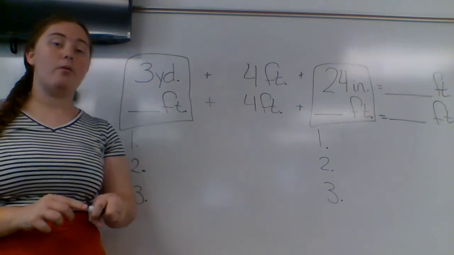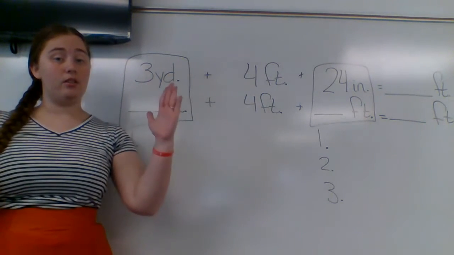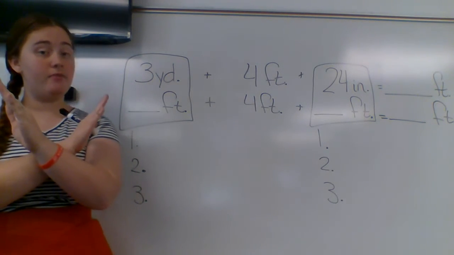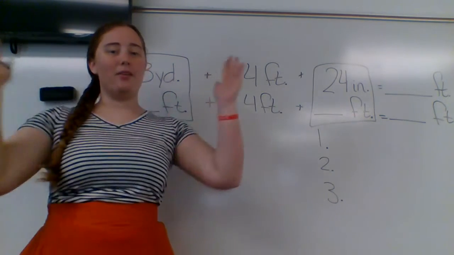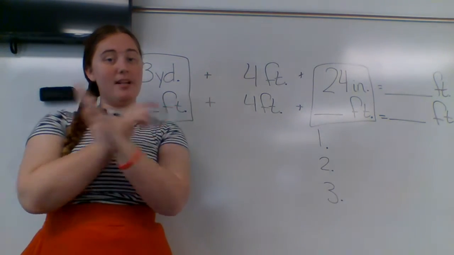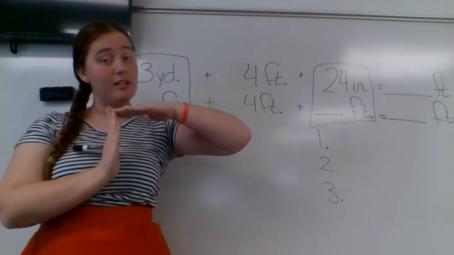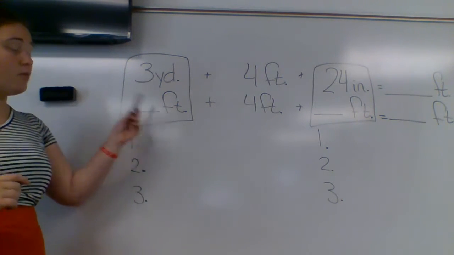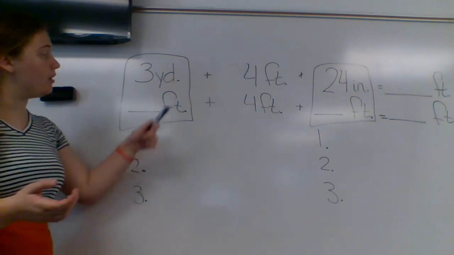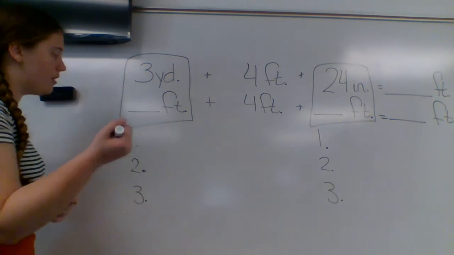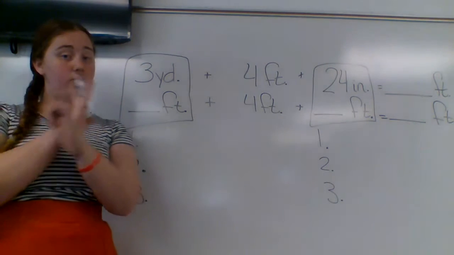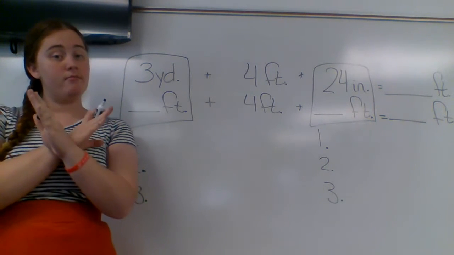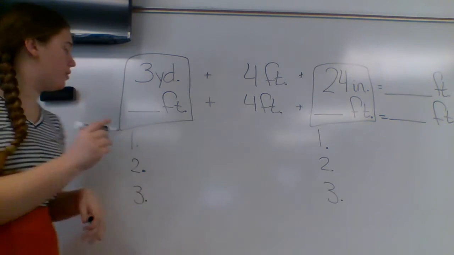When I'm going from yards to feet, am I going larger to smaller and multiply, or am I going from smaller to larger and dividing? Which one of those 2 am I doing? I'm going from yards to feet. Which one is bigger? Well, a yard is bigger. So I'm going from larger to smaller. So I'm going to multiply.